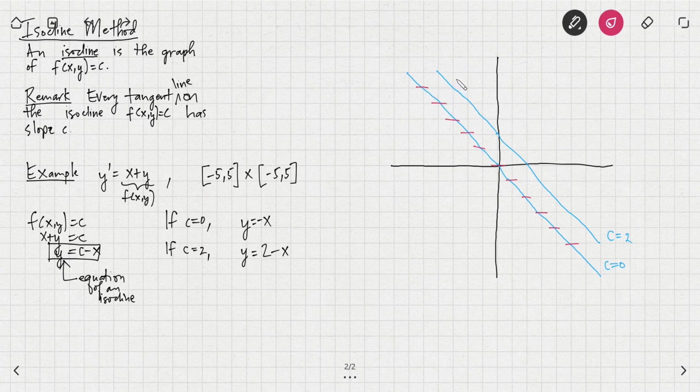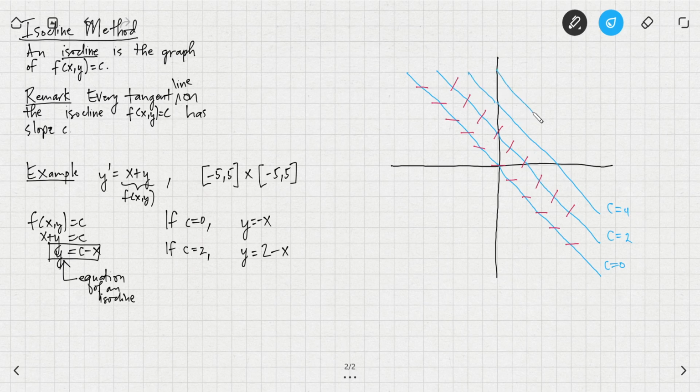So ganito. Ayan. So let's try c is equal to 4. So yung y-intercept natin na equals sa 4. Ayan. C equals 4. Maybe I'll draw the line segments later. C equals 6.